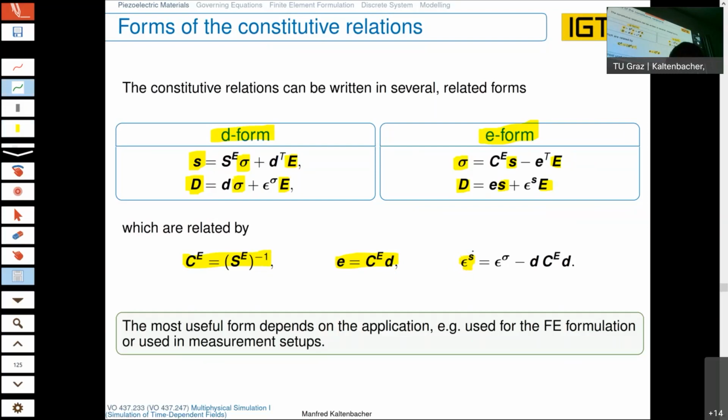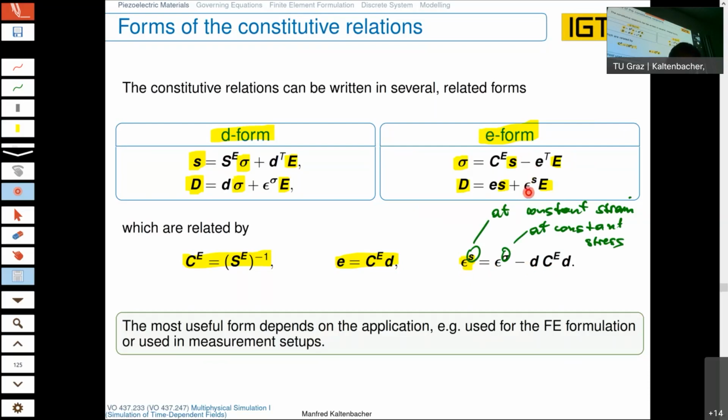So that exponent means at constant strain. And this means at constant stress.